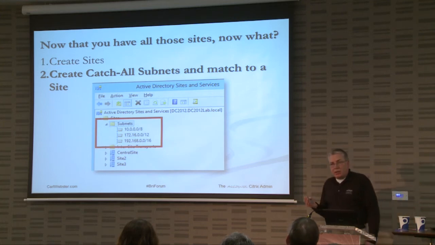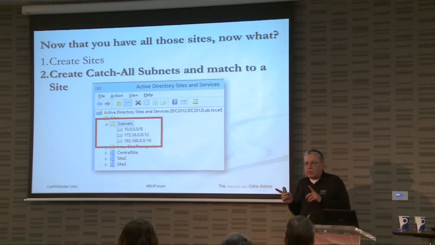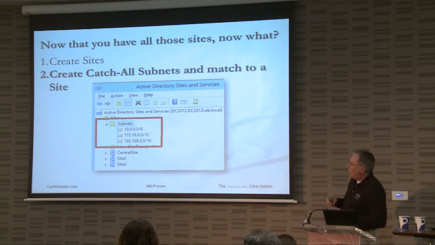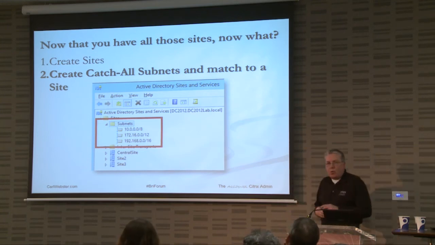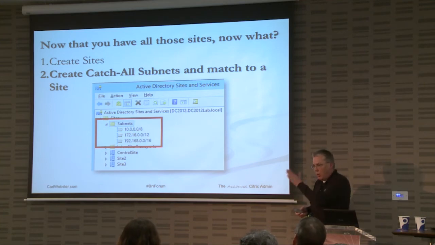Once you create catch-all subnets, you should always have specific subnets, even when you have a catch-all. So if in the central site we're using 10.1, 10.2, 10.3, we can have a 10.0.0.0/8, but you still need to have a 10.1, a 10.2, a 10.3, whatever mask you're going to use.